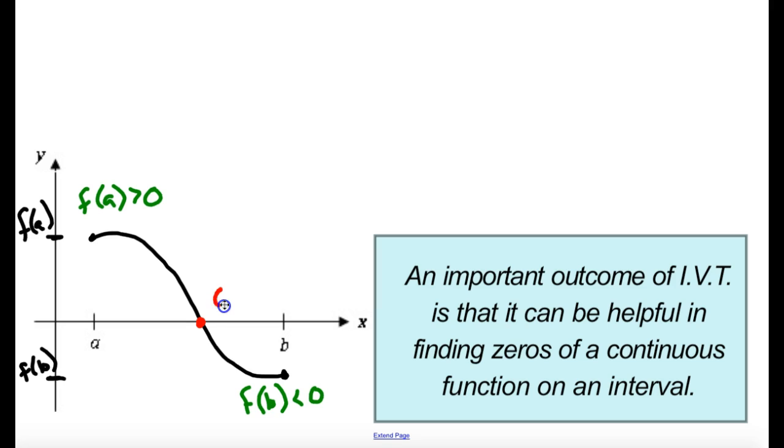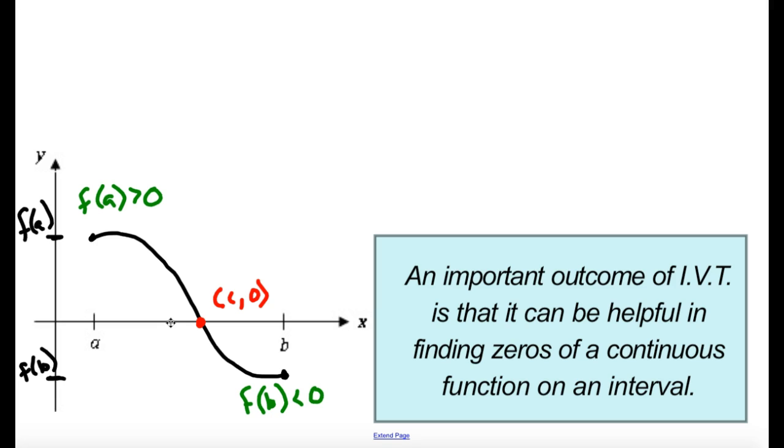So here, if this is our c value, we can say that the y value is 0. This is a 0 of the function. This is where the intermediate value theorem is most useful, in locating zeros. If we can find a positive y value and then a negative y value, we know somewhere in between there we're going to have a zero.